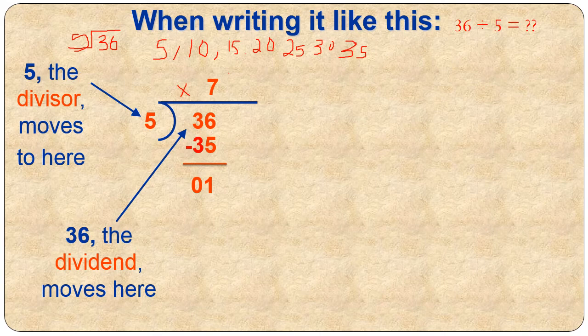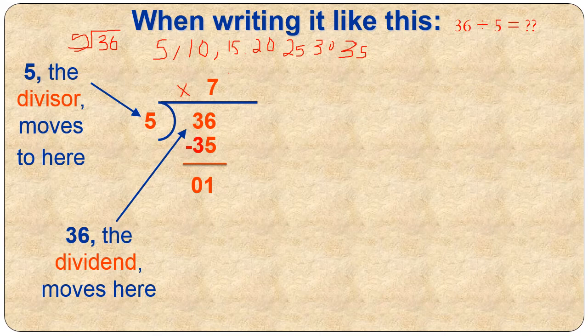And 5 times 8, 40. So I stop at 35 because 40 is more than 36. So which number is less than 36 directly? It's 35. So I find a number less than 36 that is a multiple of 5.